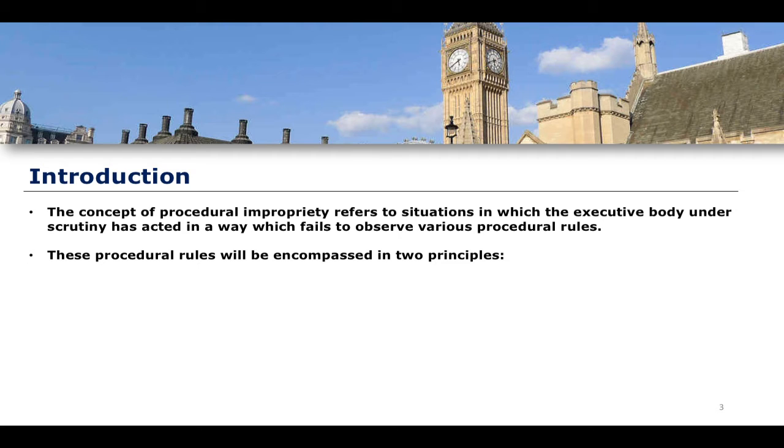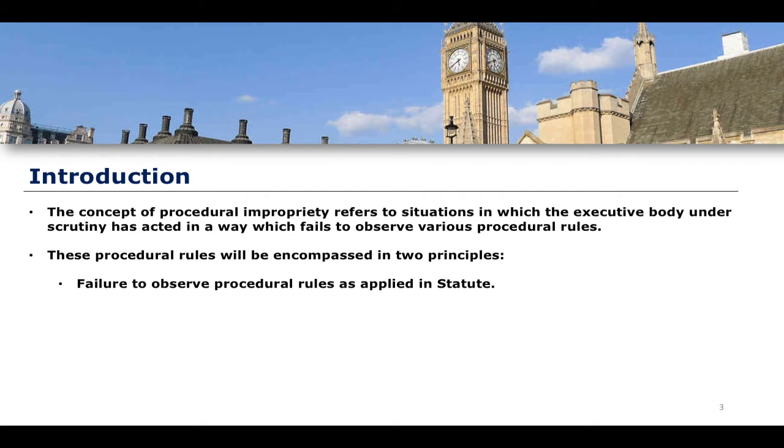We can take these procedural rules that we're thinking about and condense them into two basic principles. Because there are lots of different procedural rules, we're not referring to every single type of procedural rule in every single circumstance. The procedural rules that we are referring to generally fall into one of two categories.